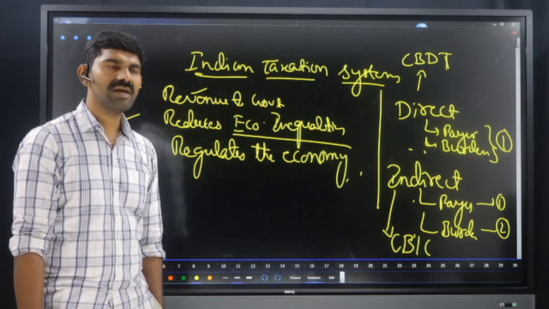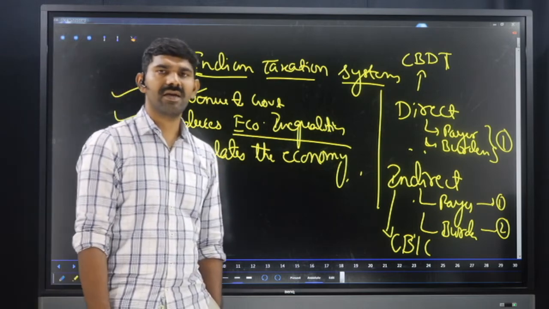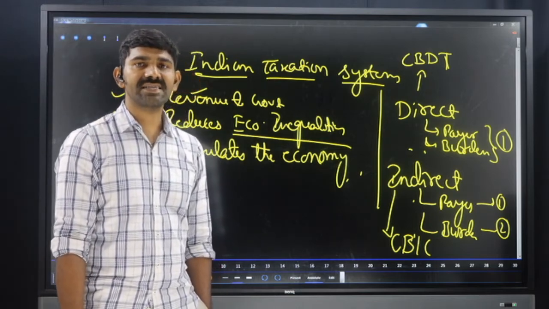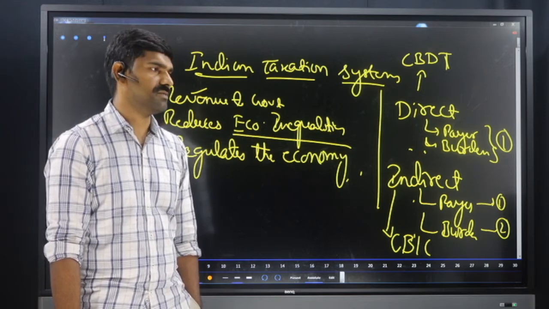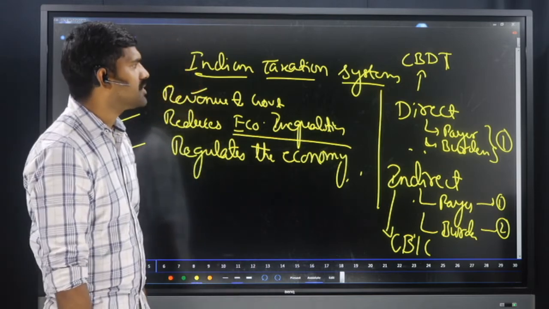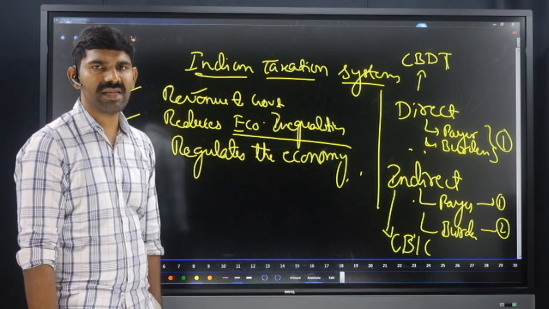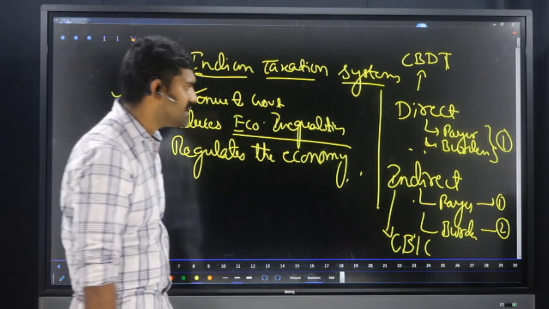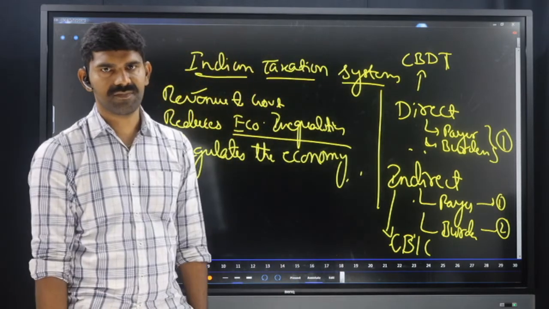CBIC is the Central Board of Indirect Taxes and Customs. Yes, GST is an indirect tax. So CBDT and CBIC are the two boards that manage direct tax and indirect tax. Even GST is controlled by CBIC only, because GST is an indirect tax, right?